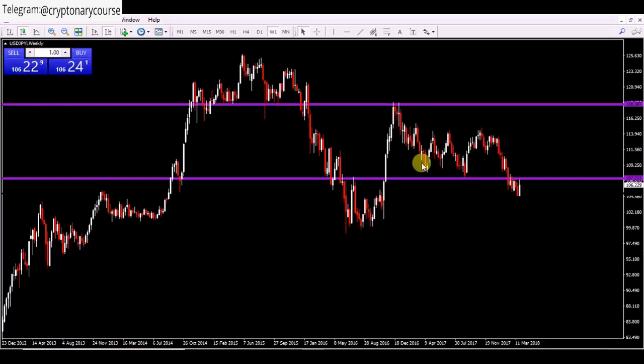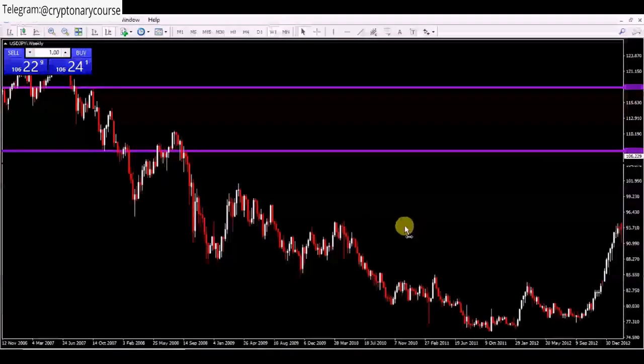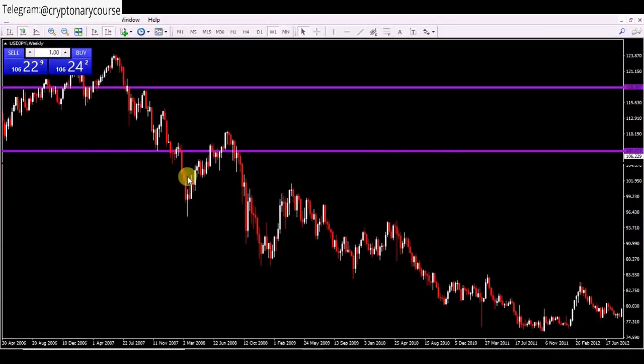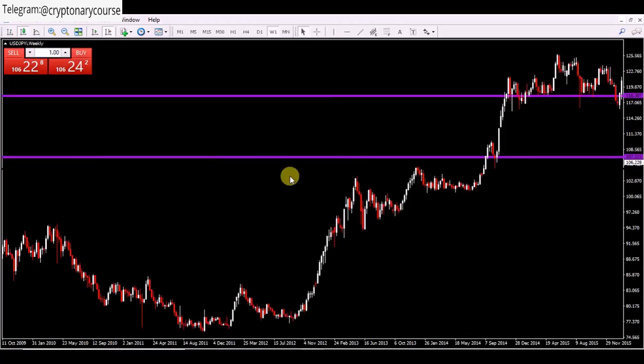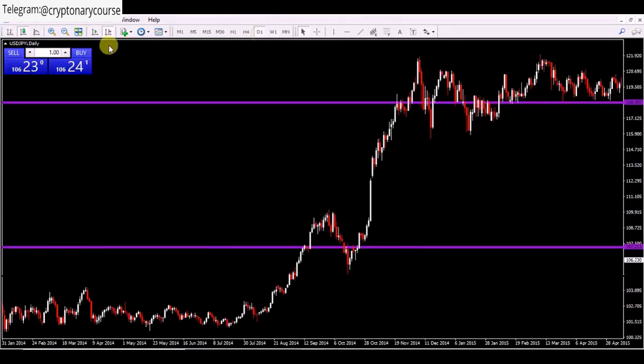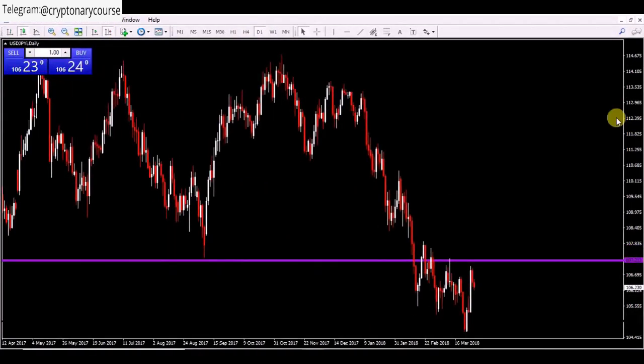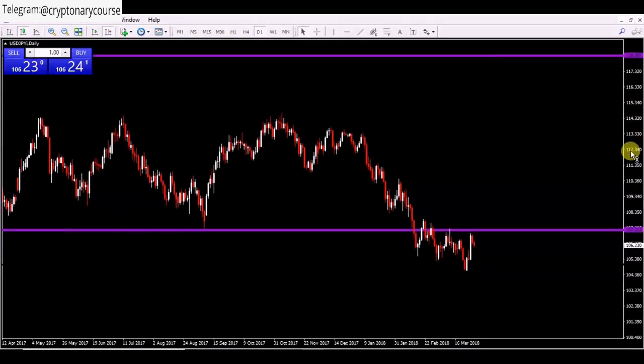Broke through, came down, retested that area, and rallied. Very valid. Scroll all the way back, same thing, it reacted to this same area. So that's what you want to look for on a weekly and daily, and that's it. Anything lower doesn't matter. We only care about when price reaches these weekly and daily support resistance areas.